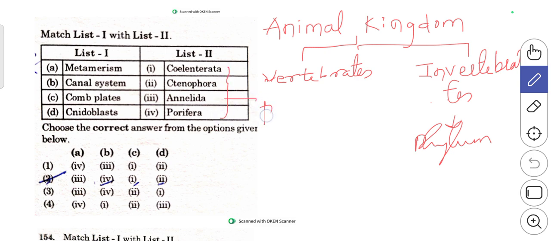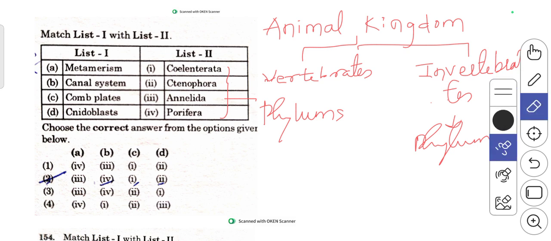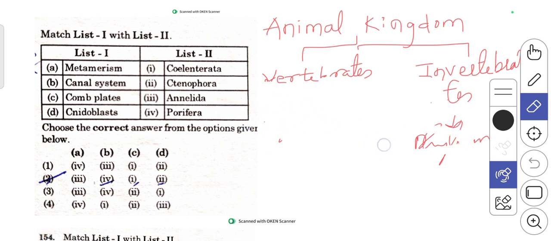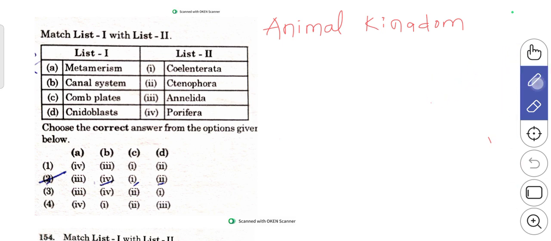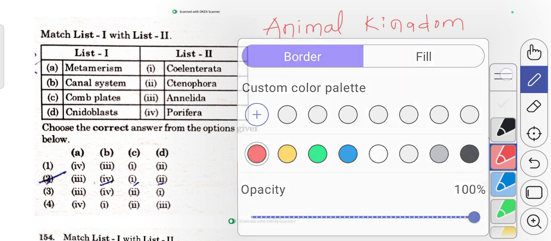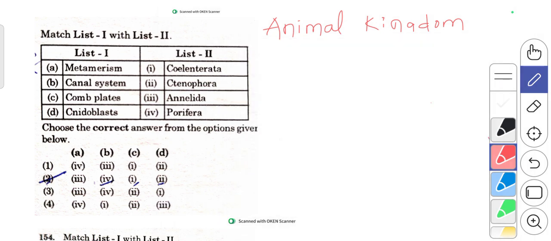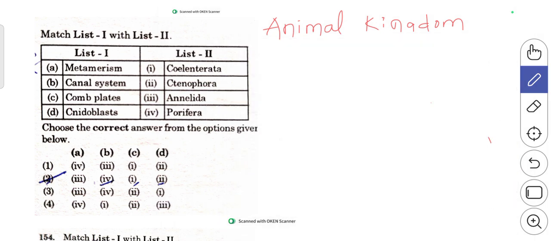These are the phyla, and they have given specialized characters present in the respective phyla. So you have to choose the matches. First, they have given metamerism.